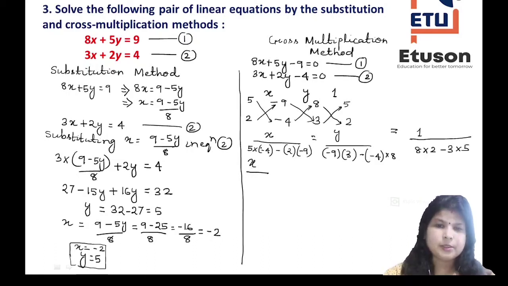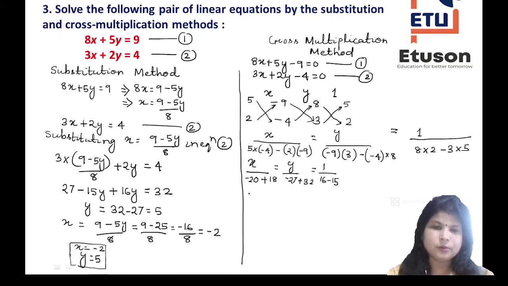So x divided by minus 20, here it is plus 18, is equal to y divided by minus 9 into 3 is minus 27, then again minus 4 is there, so plus 4 into 8 is 32, is equal to 1 divided by 8 into 2 is 16 minus 3 into 5 is 15.